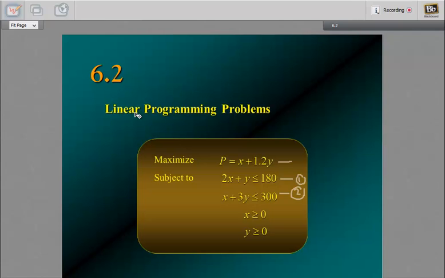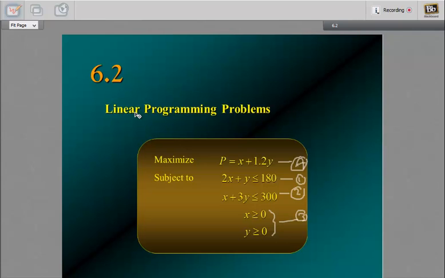One thing is an objective function, which says whether we want to maximize or minimize. The second thing is the non-negative restrictions. So these two things are extra.